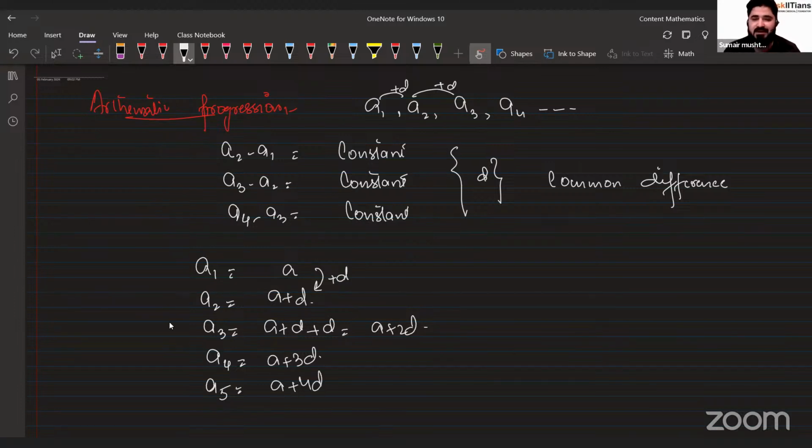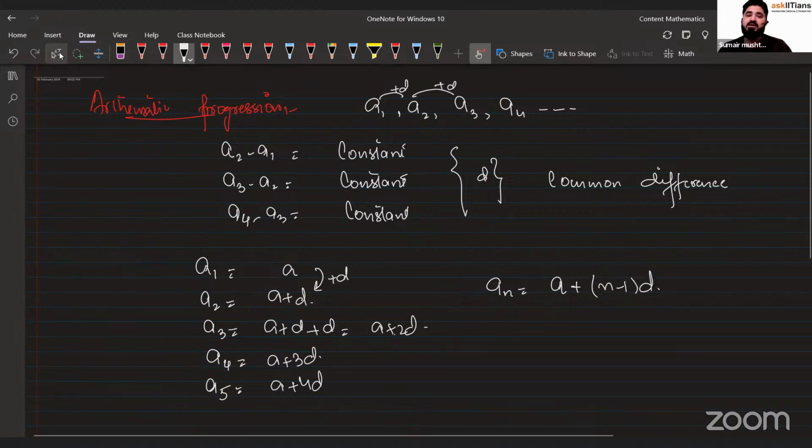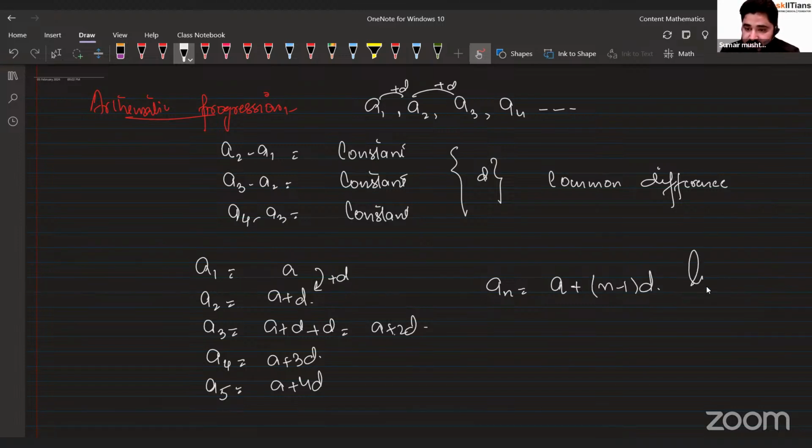In this way we can go on. The last nth term, denoted an, is a plus n minus 1 into d. This is also known as the general term. Clear?